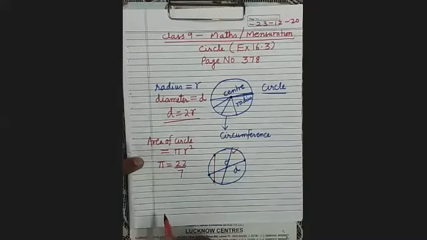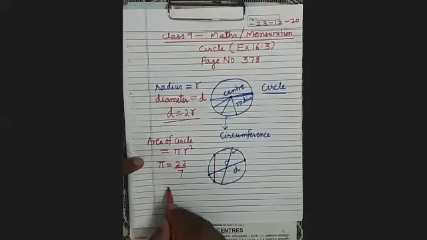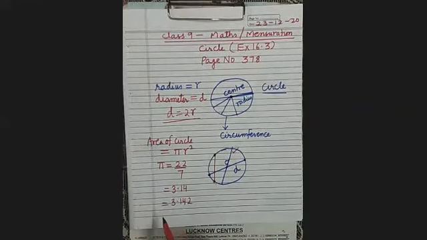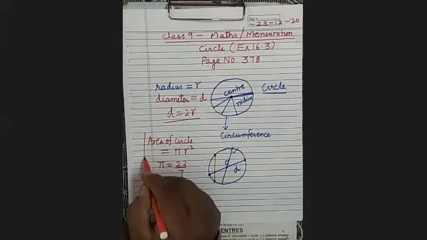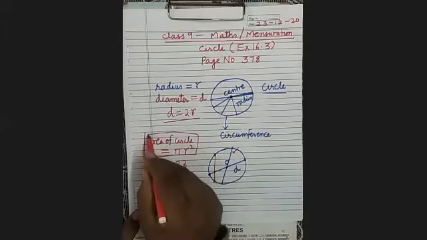But sometimes its value is given in decimal. So in decimal, it is 3.14 or 3.142 as given in the question. Whatever value is given in the question, we will use that. So this is the formula of the area of the circle.